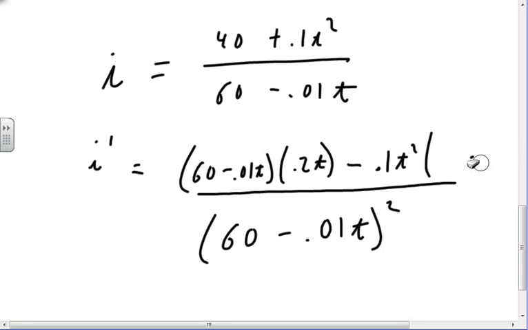Whatever, the 60 goes away. Can't even take a derivative. Oh, that can't be right.